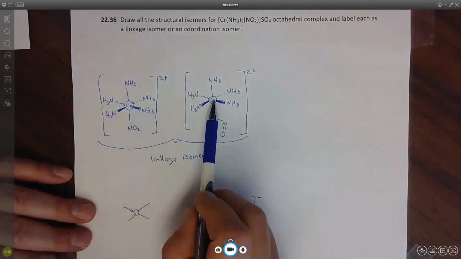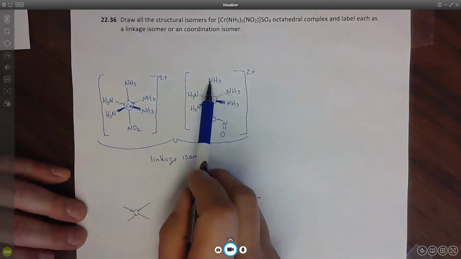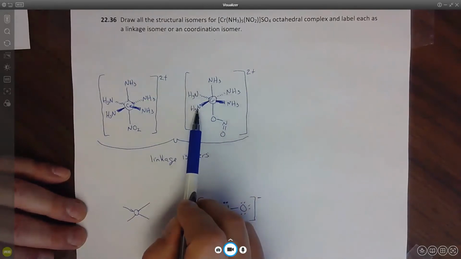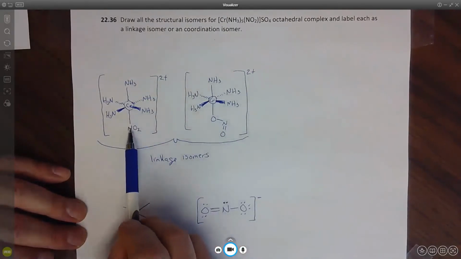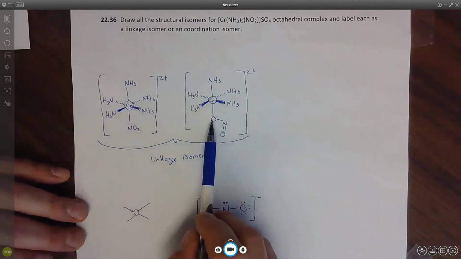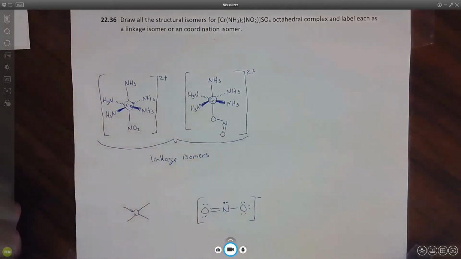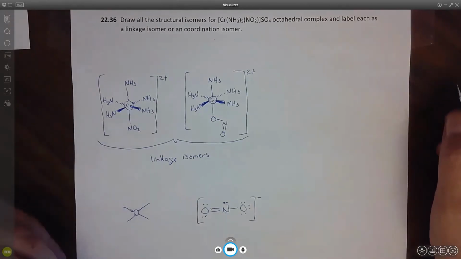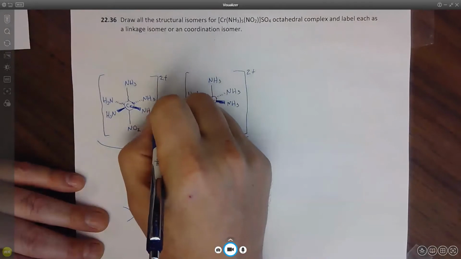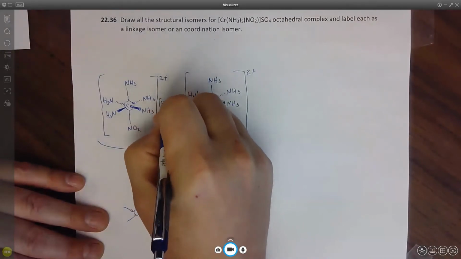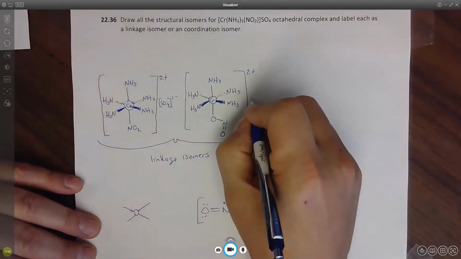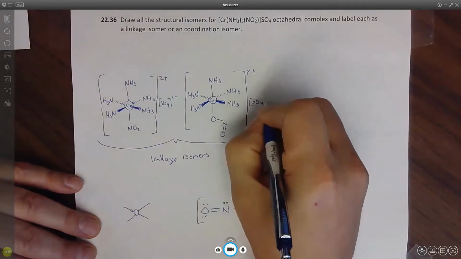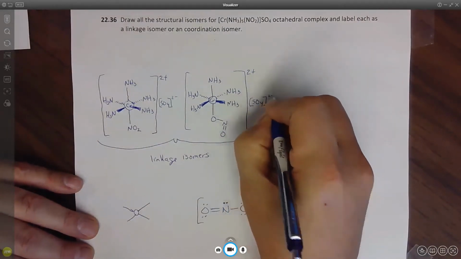So in this case, they're all bound to the nitrogen for the ammonia, but in one case, it's bound to the nitrogen. In another case, it's bound to an oxygen. So we don't have all the same bonds around the central atom. Otherwise, that would be a stereoisomer. Okay, so now remember, these are actually salts. So we actually have the SO4 2- that is the counter ion for these salts.